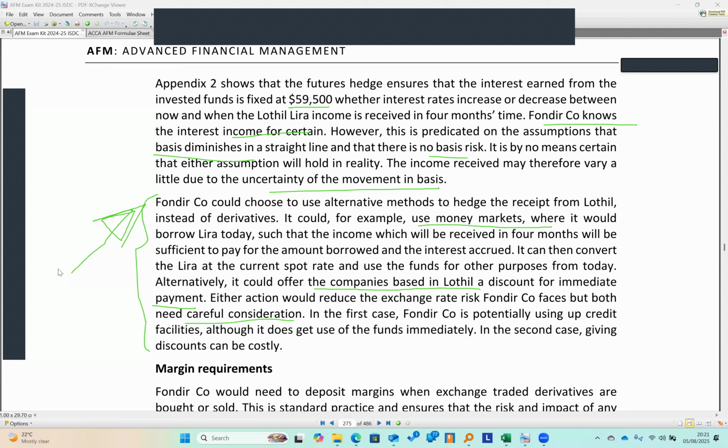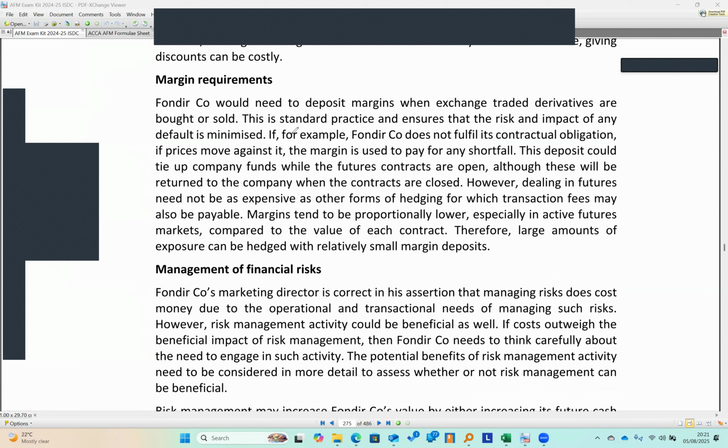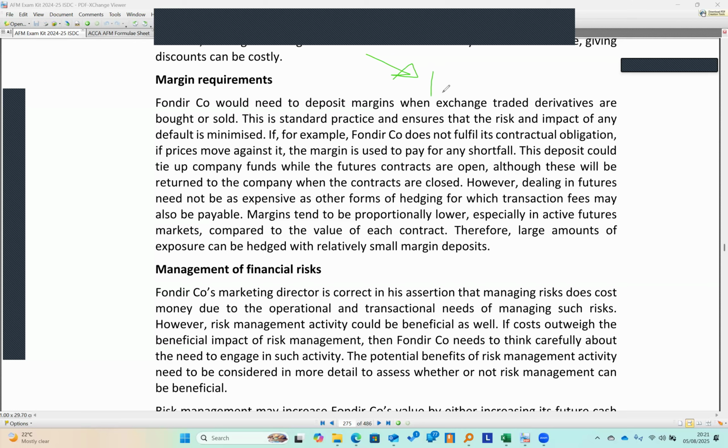Then the margin requirements are also discussed. So now I'm going to explain what margin requirements mean, before we read here. What happens is that when you are using futures, you don't pay the money right away. Instead, you make a deposit, and then every day when the exchange rates move, they can move in your favor or against you.